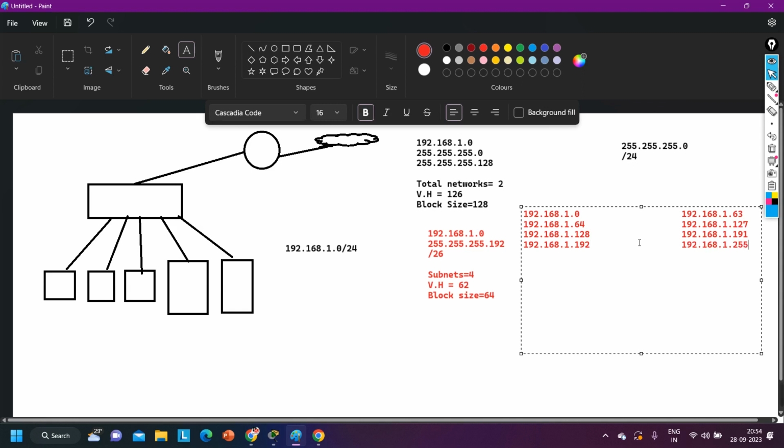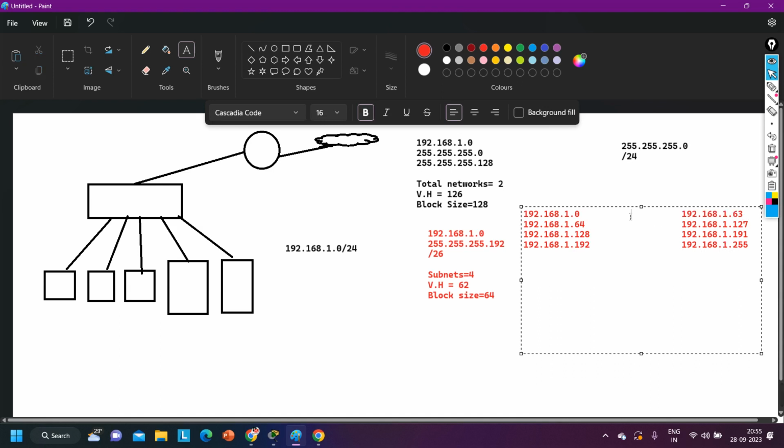If you calculate the next network, it will be 256, which is not valid. If you add the block size 64 to this value, you get 256, which is not a valid IP address, right? So this network is starting from here and ending over here.